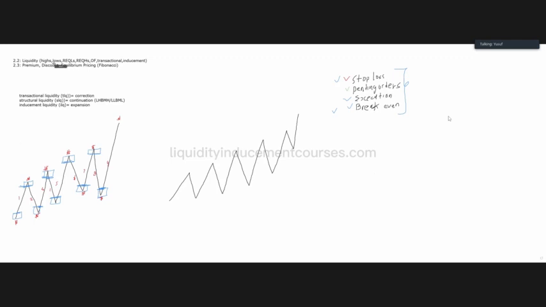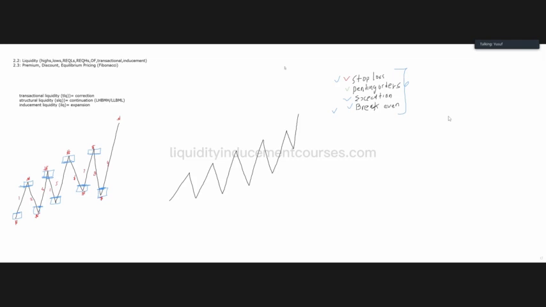Now, after identifying the trend, the first and most important thing for transactional liquidity is the trend. We can tell for sure now that this is an uptrend. True or true, everybody? Yeah, true. Good.